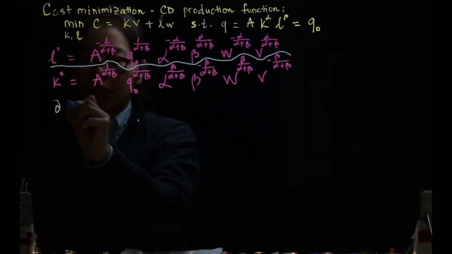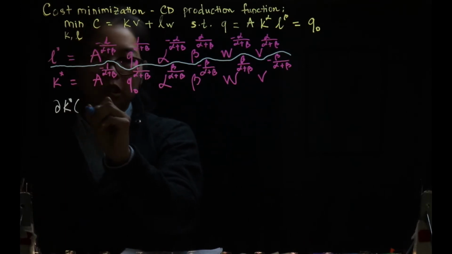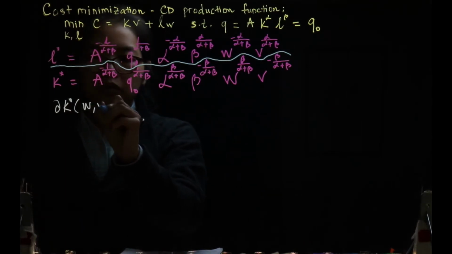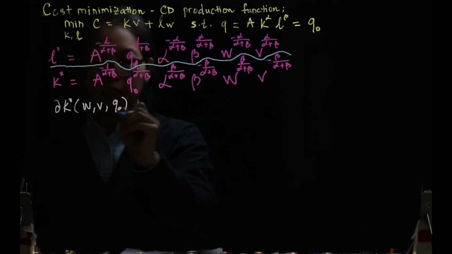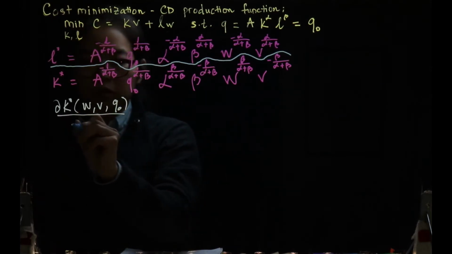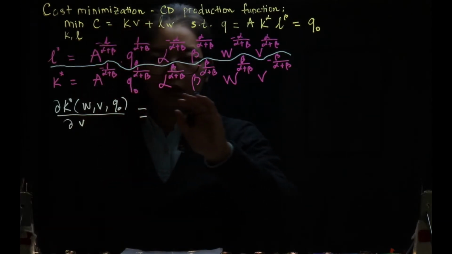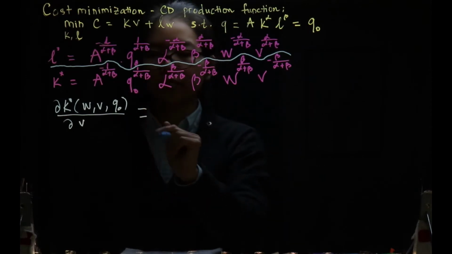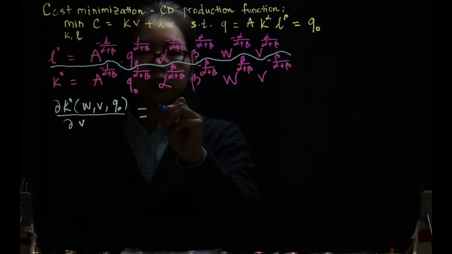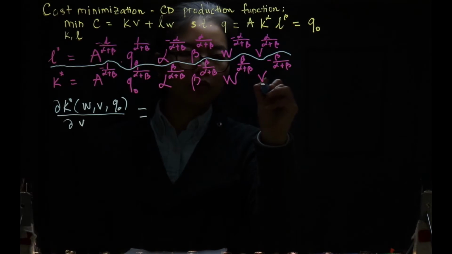For example, you take the derivative of the demand function of K, which is a function of W, V, and Q0, with respect to its own price, which is V. Everything else is held constant, and we take care of V only.